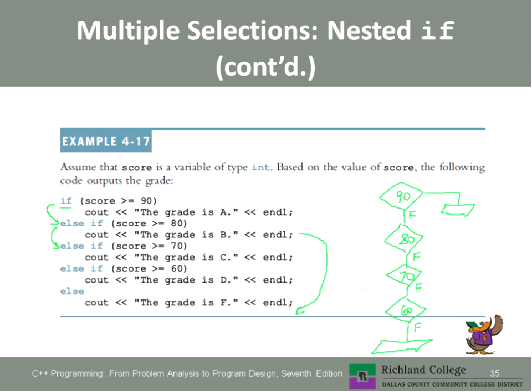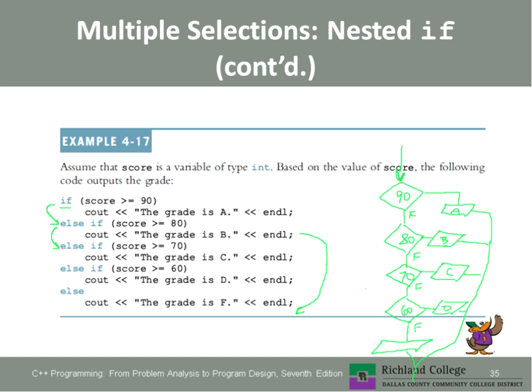But if it was true, then you had an output statement, and that was output just for if you had 90. Now if you had 80, okay, so this was A, this was B, this output is C, this output is D, and all of that flows into this flow chart.